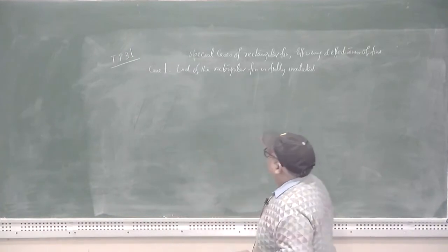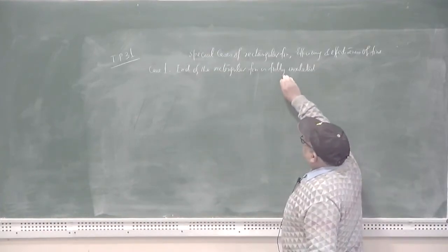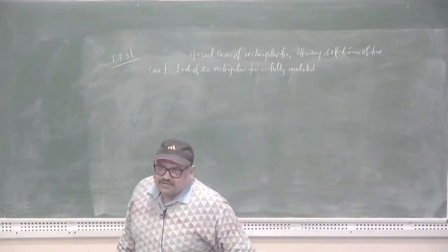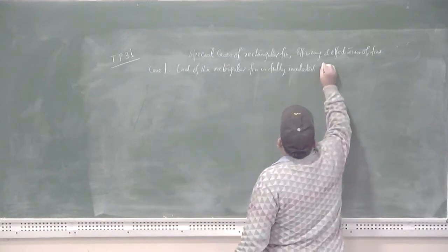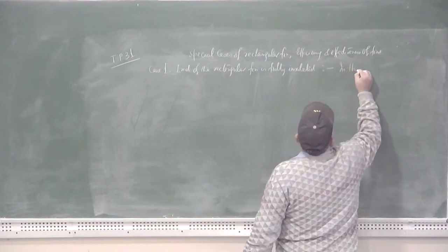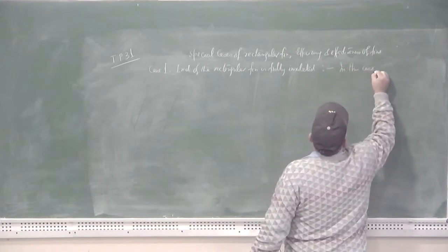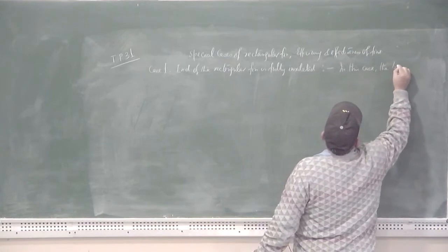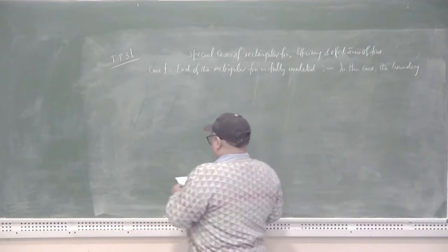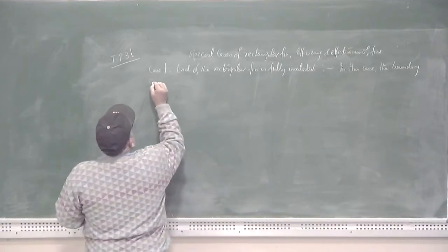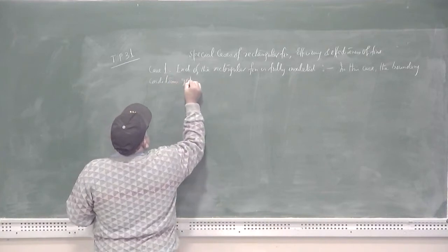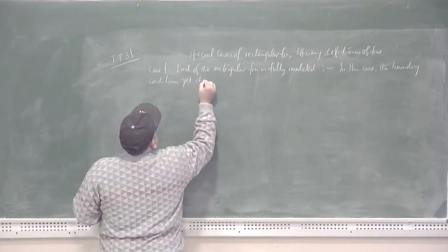So, when the end of the rectangular fin is fully insulated, in this case the boundary conditions get changed.